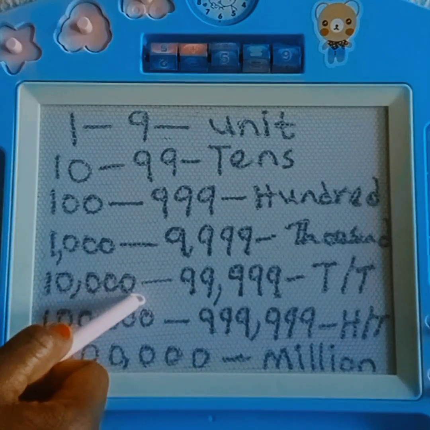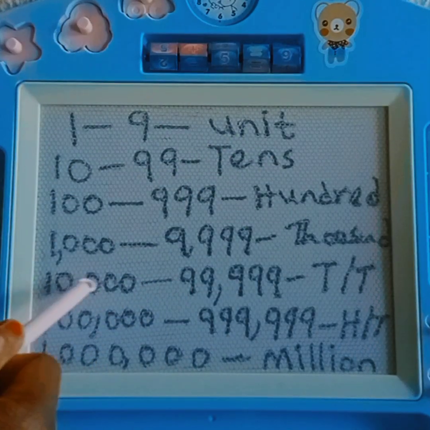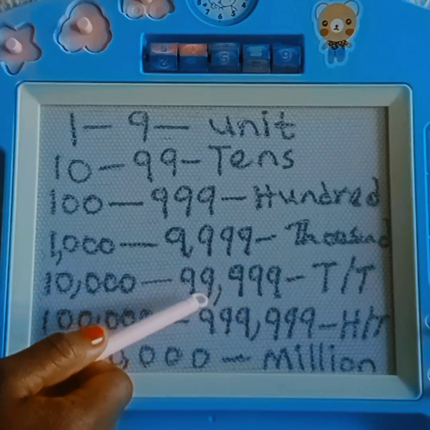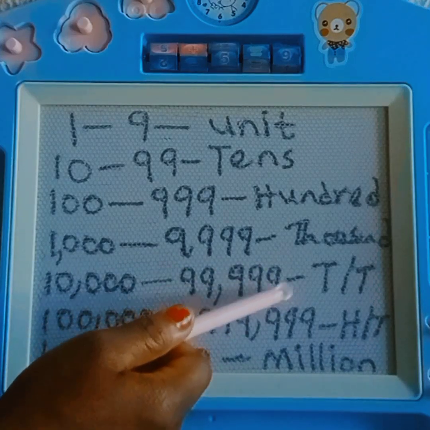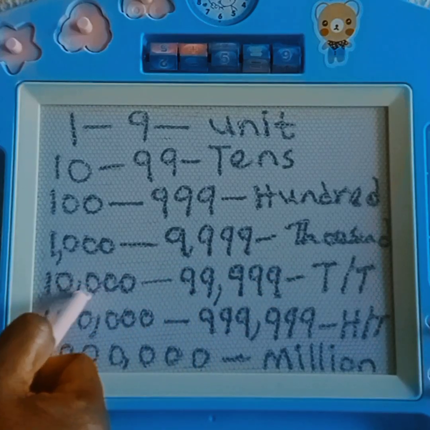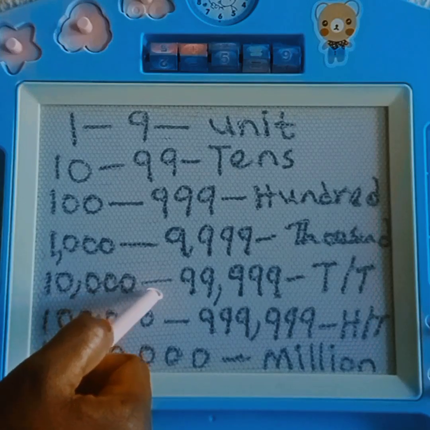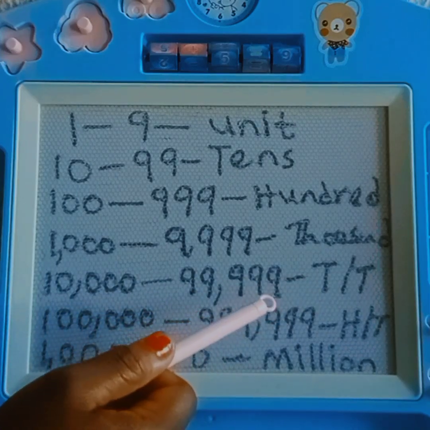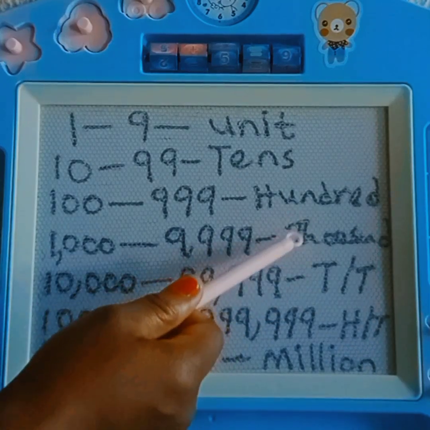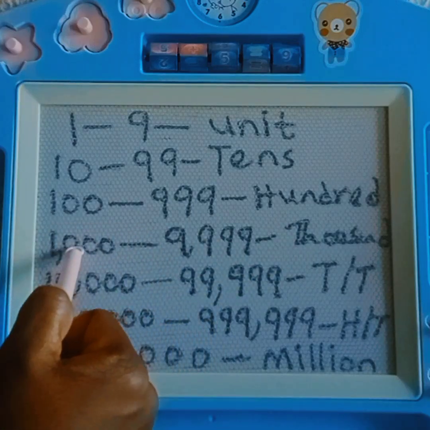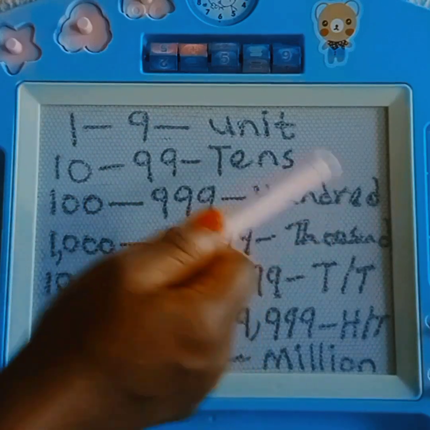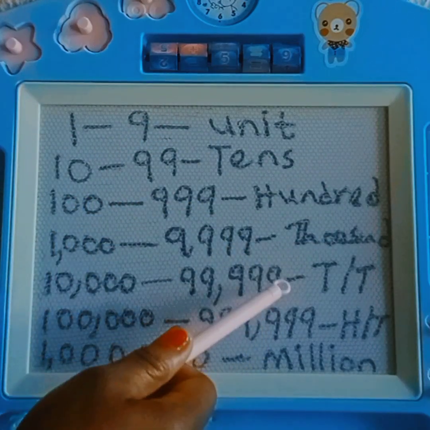Here we have five digits, 1, 2, 3, 4, 5. So when you have five digits, it becomes tens of thousands. It's not just thousands where you have a single unit of thousand. It becomes tens of thousands.